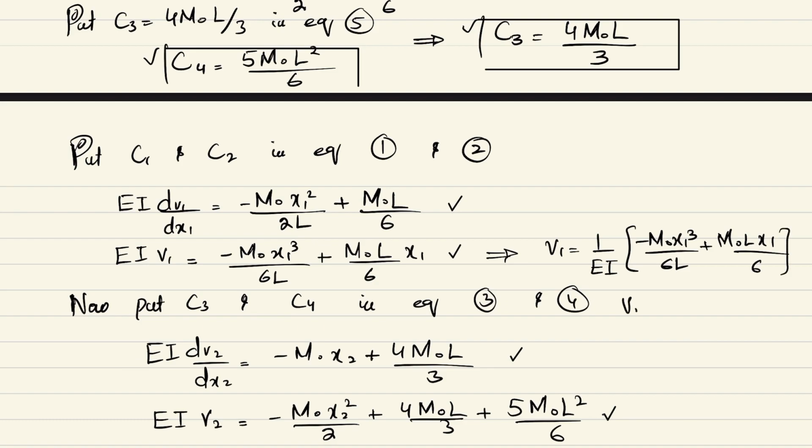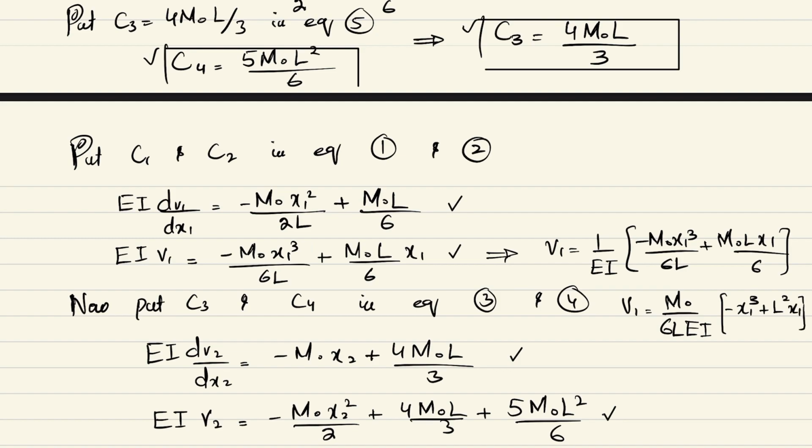If you further take m naught over 6L common, and EI is already there, we are left with minus x1 cube plus L square x1.